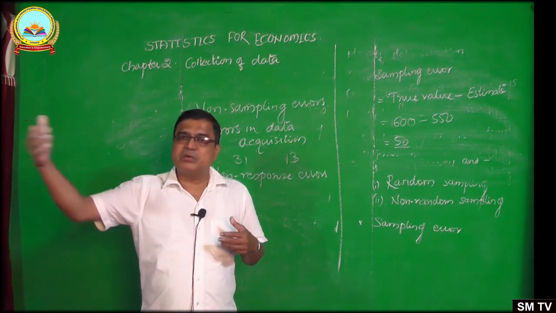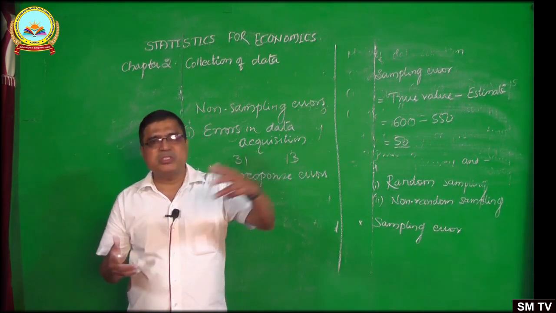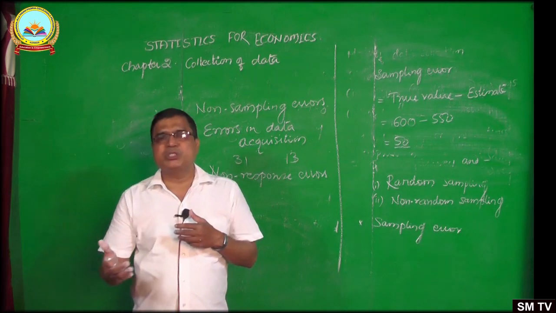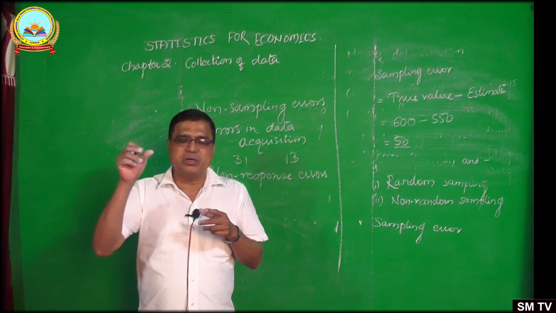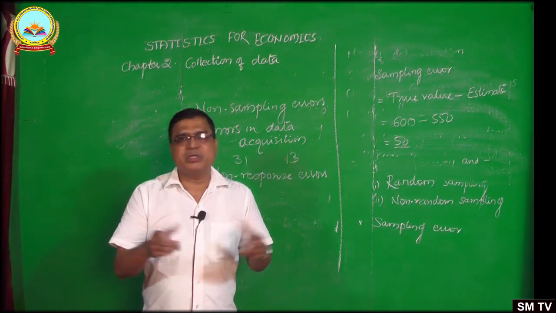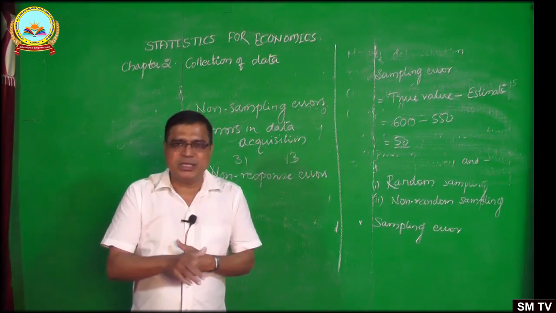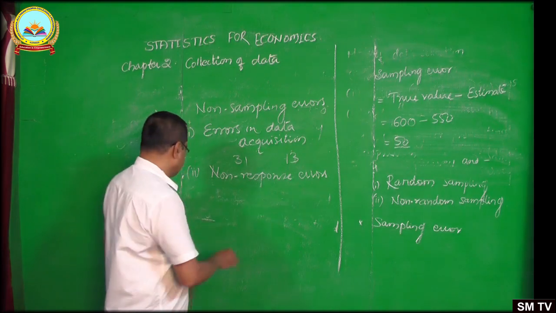He might not have visited because of some reasons, he was not able to visit some units. Then it is called non-response errors, because those informations were very much required by the enumerator, but he has not actually collected them, or the respondent has not responded properly, and that is non-response errors.